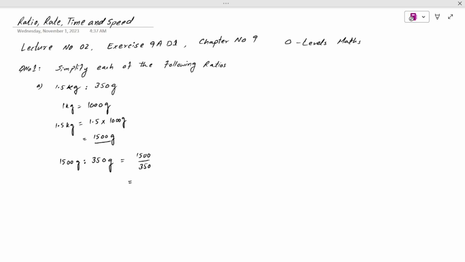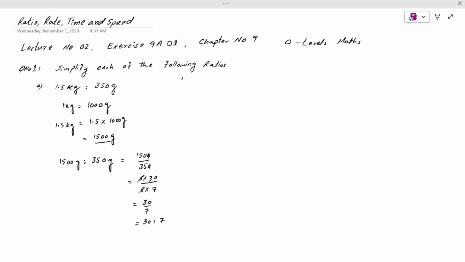Simplifying, 5 times 30 equals 150, and 5 times 7 is 35, so we get 150 over 35. 5 and 5 cancel each other, and we are left with 30 over 7, which can be written as 30 ratio 7. This is the simplified form of the given ratio 1.5 kilograms to 350 grams, and it is the answer of the question.